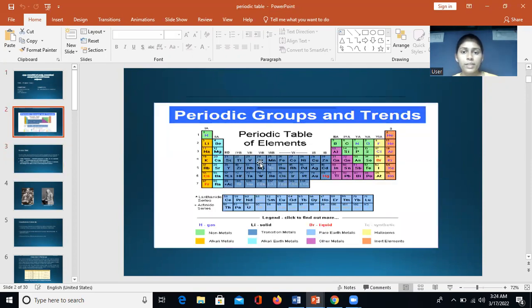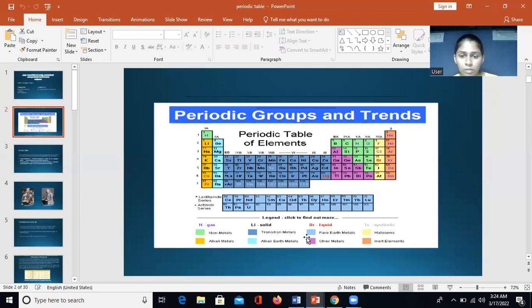This is the periodic table of elements in which elements are colored differently. The green colored elements denote the non-metals, and the yellow color denotes the alkali metals. The blue color elements denote the transition metals, and the light blue color elements denote the alkaline earth metals.